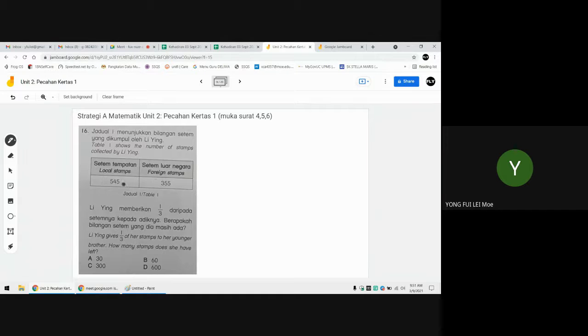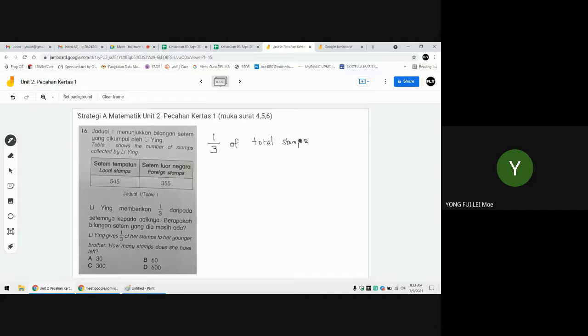When you change this to a mathematical sentence, 1/3 of the total stamps. You see, of her stamps. When she says stamps, she means local and foreign. Total stamps.